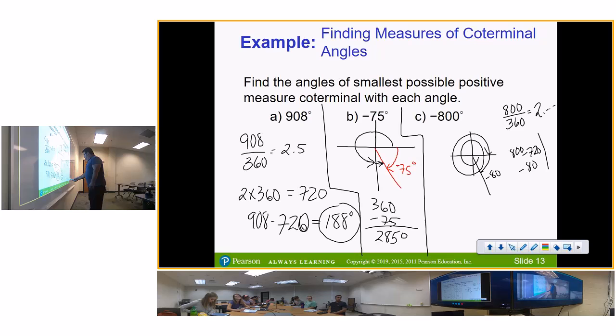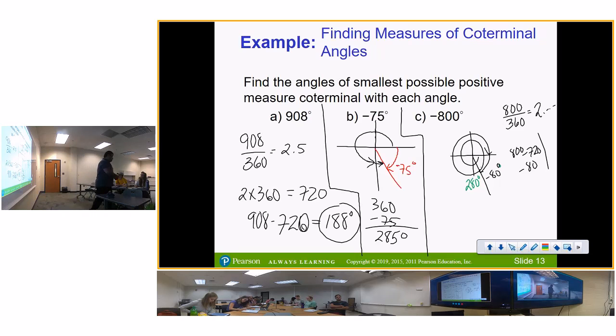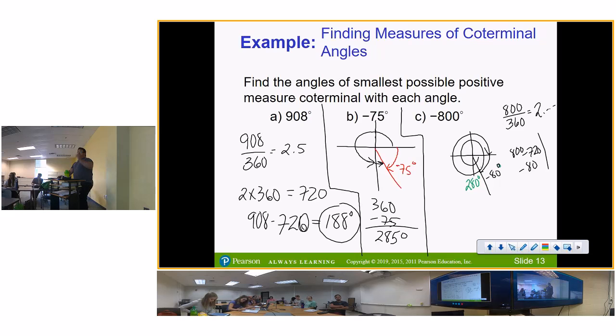Therefore, your reference, the other angle, is what? 280. I don't know which one they want, but I would say the negative 80 since they were asking in the negative direction. Negative 80 would be your reference angle. You'll see those in the homework.